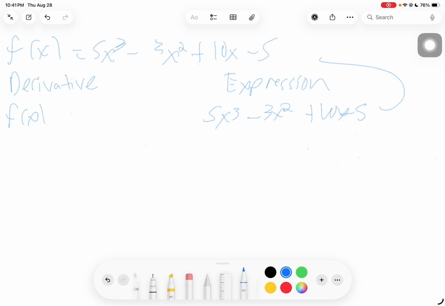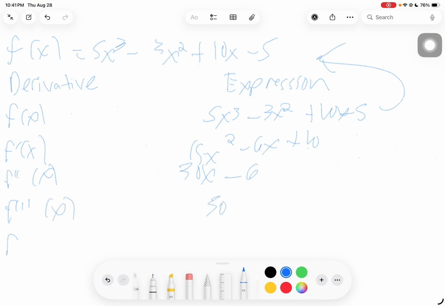So this is the example, and then the first derivative f prime of x, the answer is 15x squared minus 6x plus 10. The second derivative is 30x minus 6, and then the third one is 30, until the fourth derivative is 0.